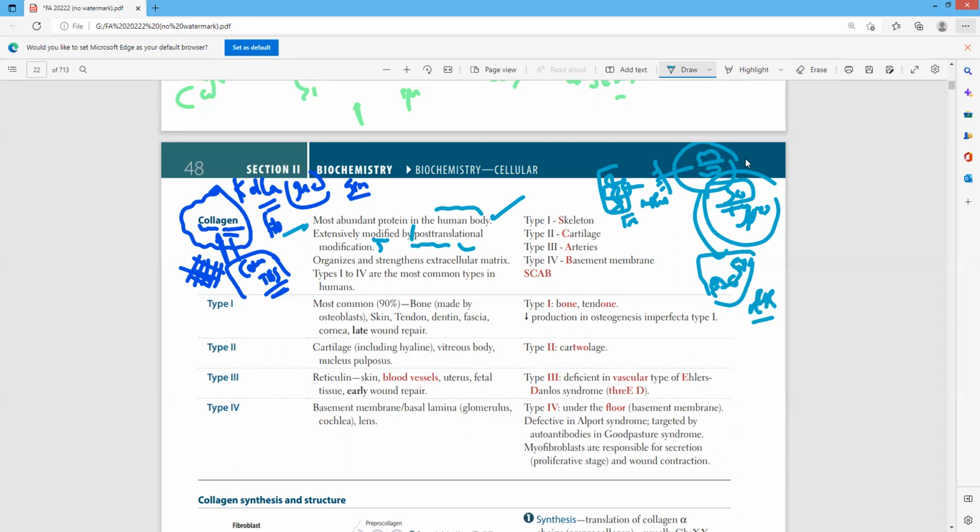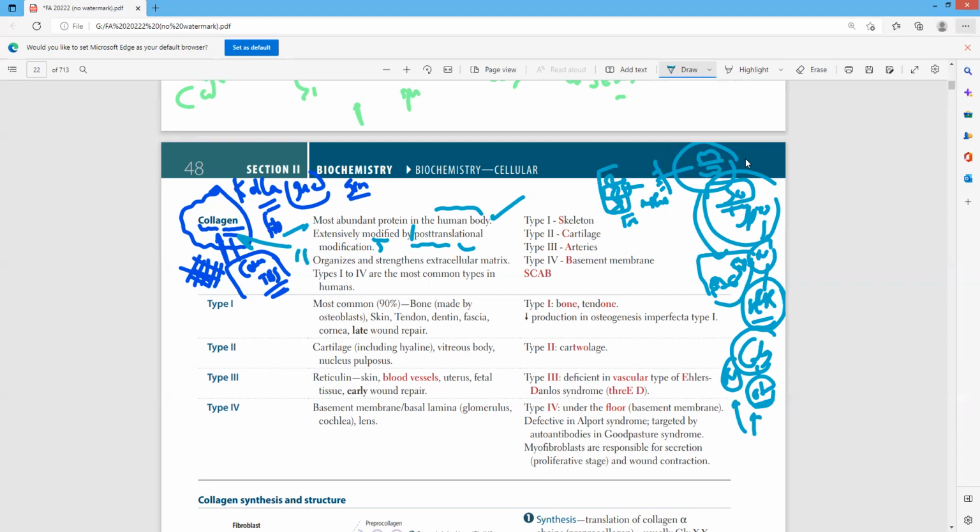Do you remember the Golgi apparatus? Do you remember the rough endoplasmic reticulum? You will add sugar on asparagine, on the nitrogen, and on OH or O. Do you remember that we add sugar on N or O? Okay, so this is a post-translational modification, and we will see that in collagen in just a minute.